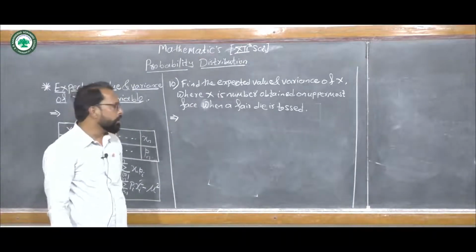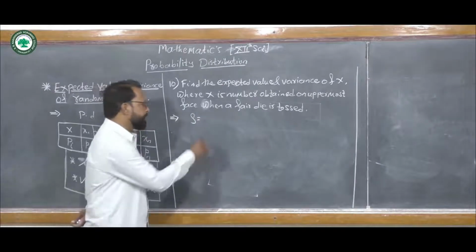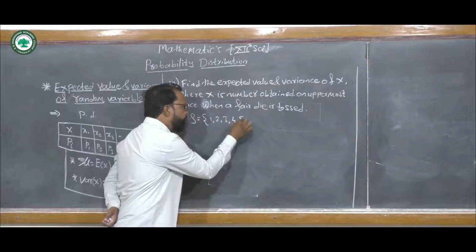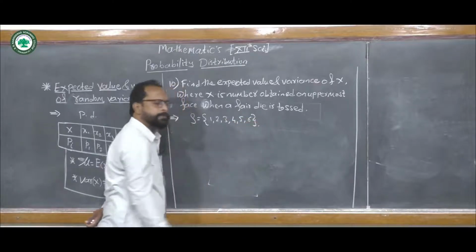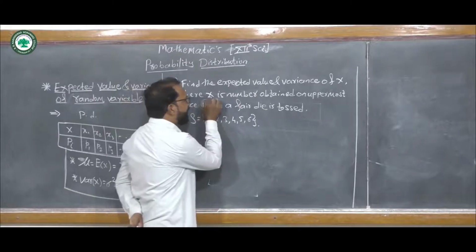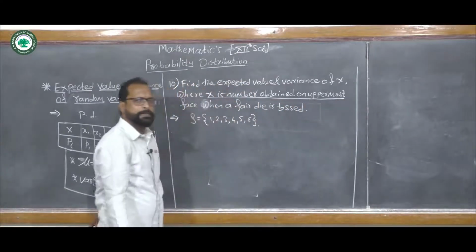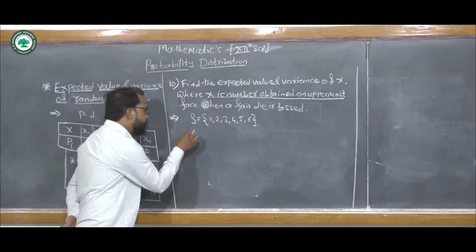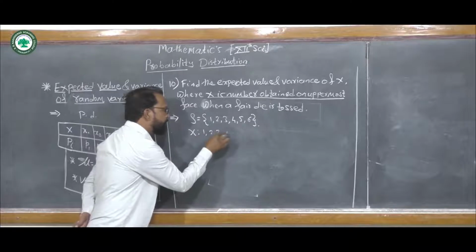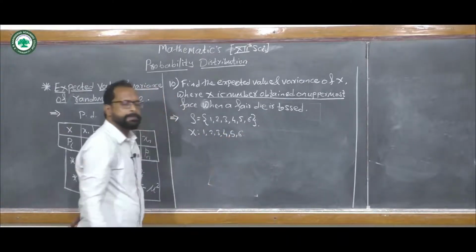When we toss a fair die, its sample space is 1, 2, 3, 4, 5 and 6. Here x is defined as the number obtained on the uppermost face, so the values of x are again 1, 2, 3, 4, 5 and 6.